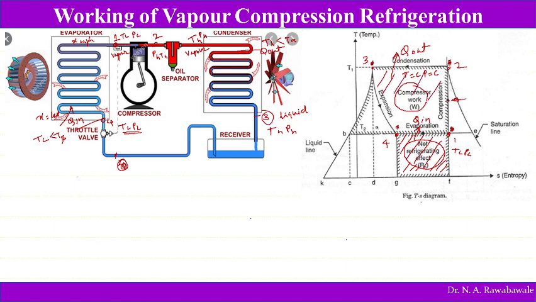So this area gives us the work done to compress the refrigerant in a compressor. So this is how we find the working of the vapor compression refrigeration system.